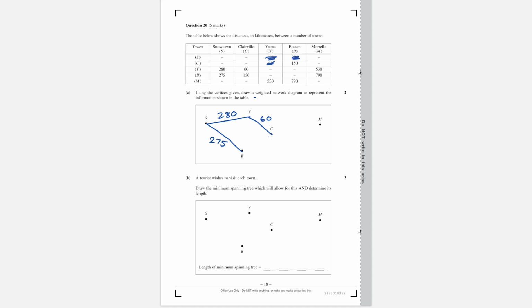Okay, C and B are connected 150. Okay, and then Y and S, we've already got that for 280. Y and C, 60, we've already got that. Okay, Y and M, 530. All right.